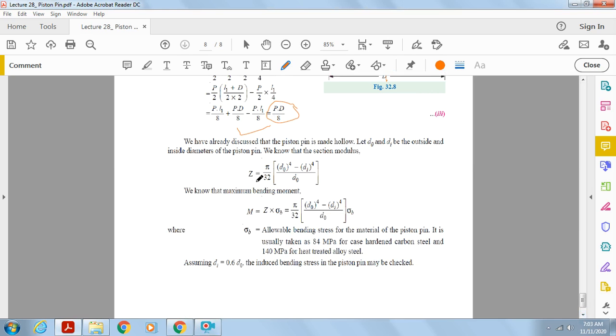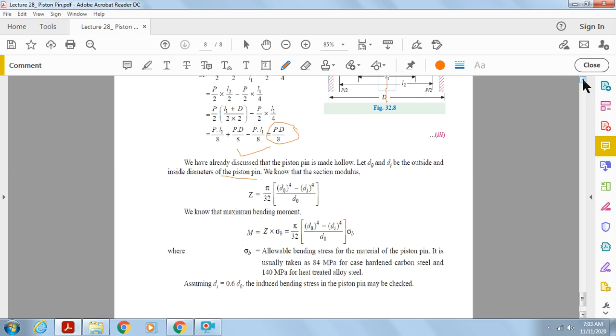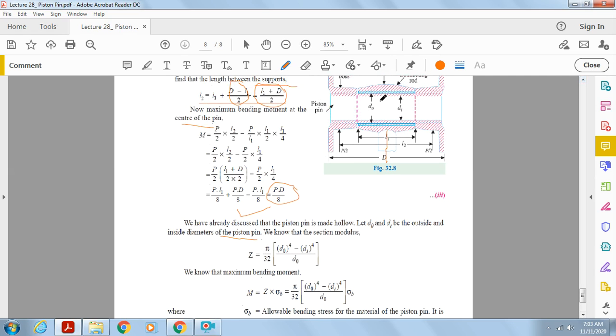We have already discussed that the piston pin is made hollow. Let D0 and Di be the outside and inside diameter of the piston pin. D0 is the outside diameter and Di is the inside diameter.